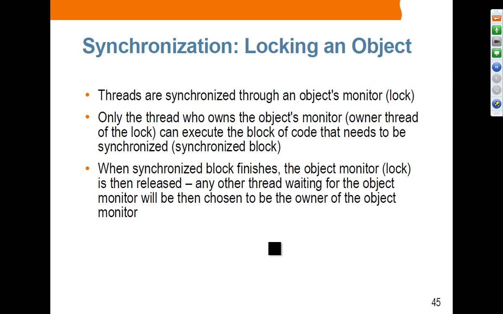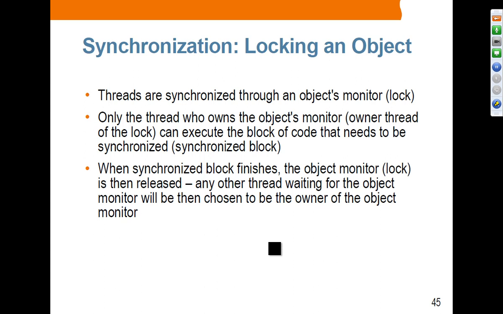So threads are synchronized through object monitors, through the lock, meaning when a particular lock is used by one thread, other threads cannot access the code that is associated with that lock.